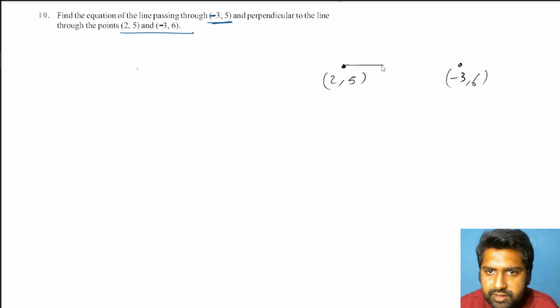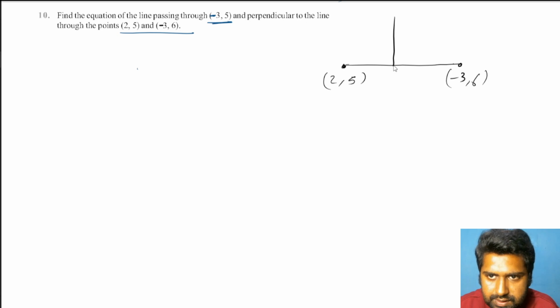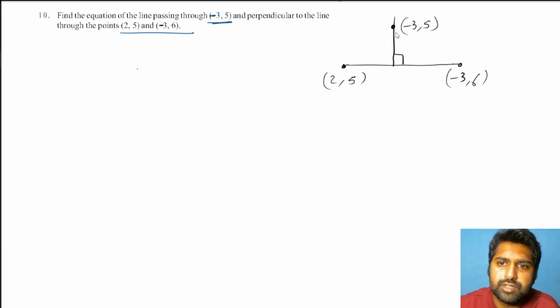If we join them, we get a line. And we have to draw a line which is perpendicular to this and which is passing through minus 3 comma 5. We have to get the equation of this line. So far what I have done is translate this whole question into this diagram. We need the equation of this line.